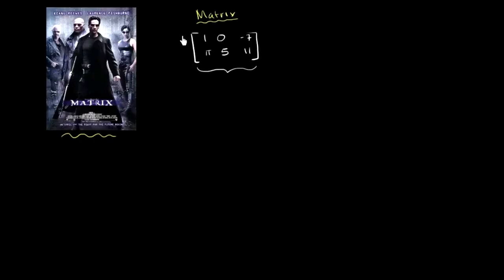This matrix right over here has two rows, and it has three columns. And because it has 2 rows and 3 columns, people will often say that this is a 2 by 3 matrix. Whenever they say it's a something by something matrix, they're telling you that it has 2 rows. So you see the 2 rows right over there, and they're telling you that it has 3 columns. You see the 3 columns right over there.